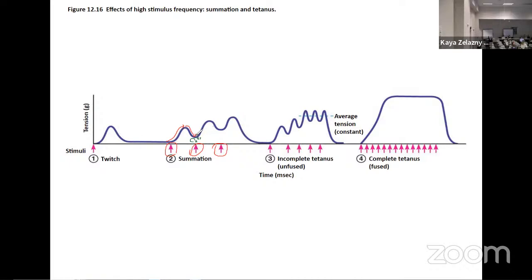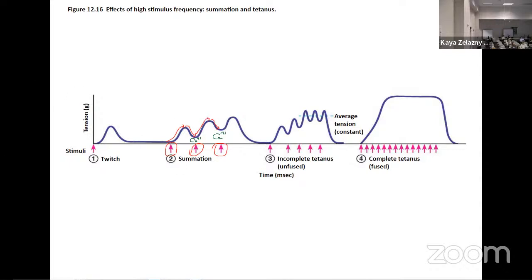So the next time we have an action potential come in, we release more calcium. And now when we start to relax again, we have even more calcium still hanging around because we didn't get rid of the original calcium in the first place. So this is part of how we have this warming up and this summation happening here.